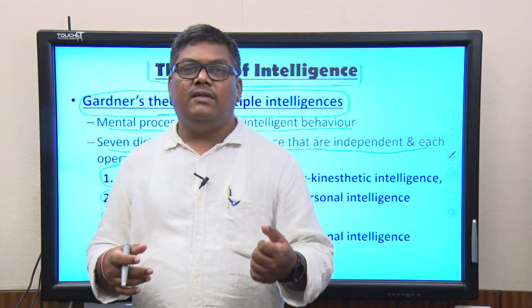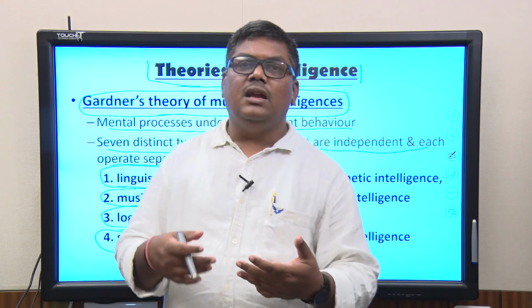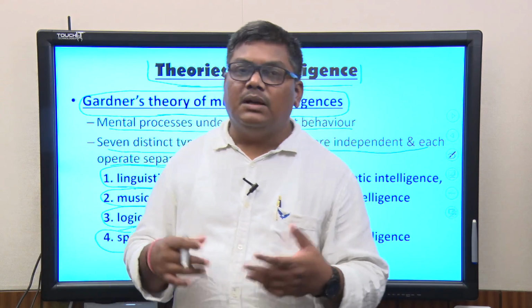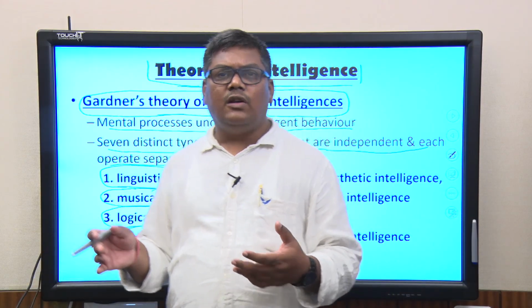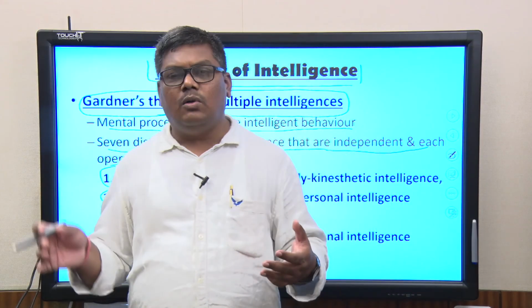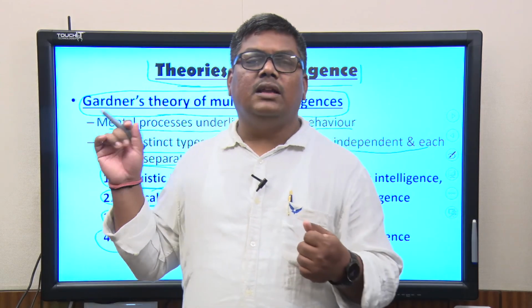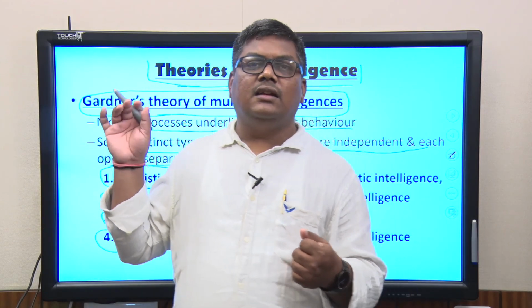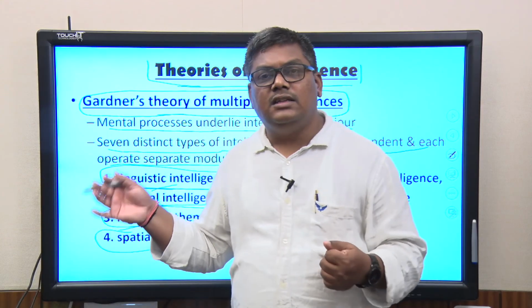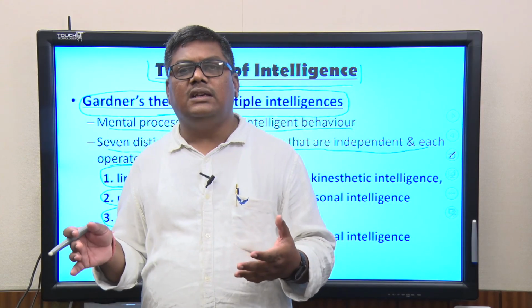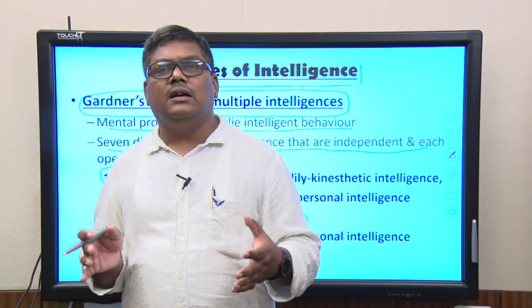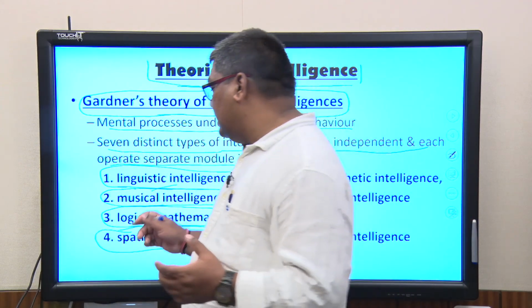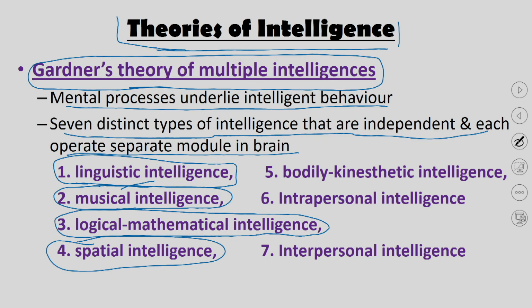Whereas a friend of mine who was accompanying me could reach the place much faster than me because she had good spatial intelligence. For me it was very difficult because I had to go around a roundabout and come to the place. On the other hand, she was very fast in reaching the place, because the idea of spaces, or the idea of how you make movements in spaces, is what was good with her, and so she had a good spatial intelligence.